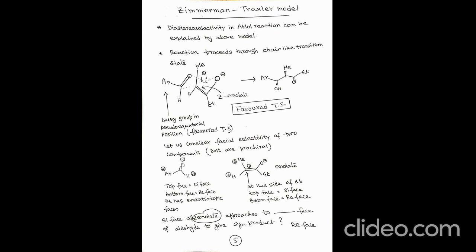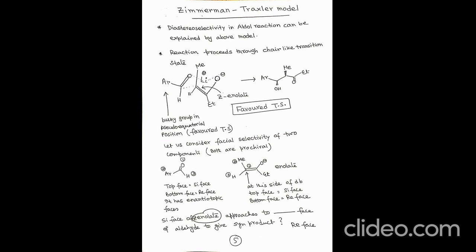The aryl group being the bigger group, it will prefer to go to the equatorial position, and that will give us the favorable orientation of the carbonyl compound, having the bigger group oriented in the equatorial position. Now because the carbon has sp2 hybridization, instead of saying equatorial, we say this is a pseudo-equatorial orientation of the bigger group.